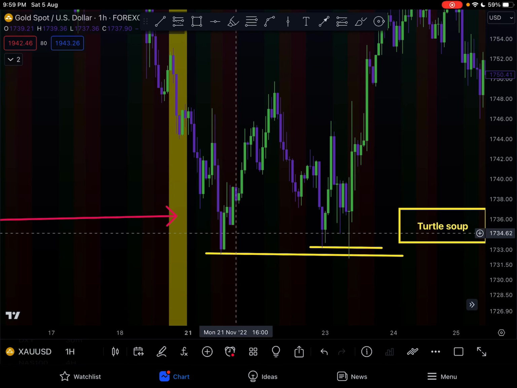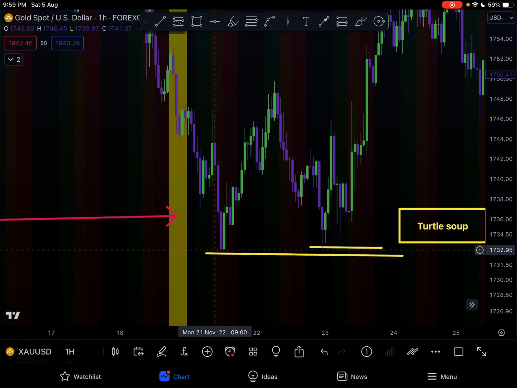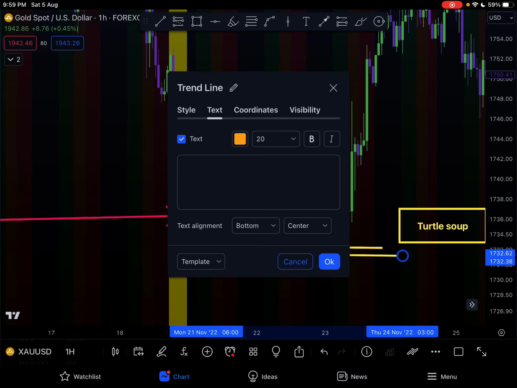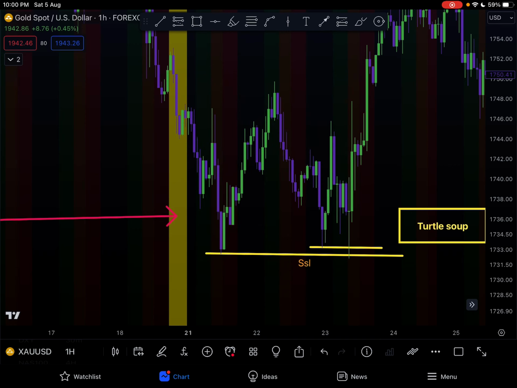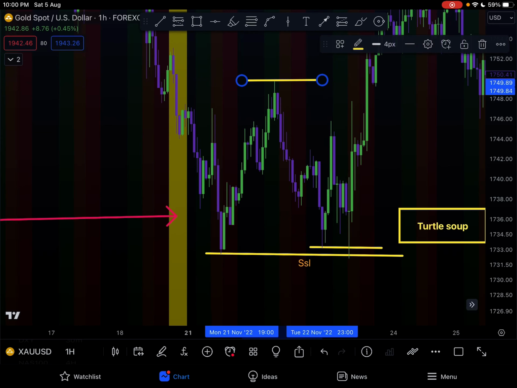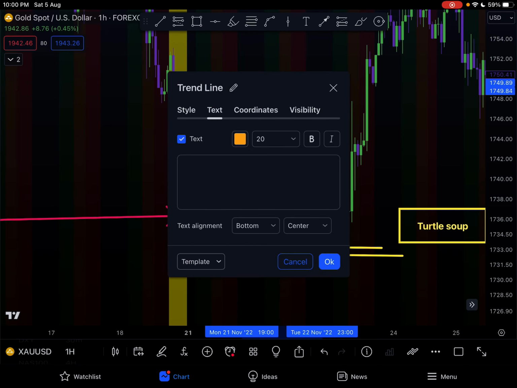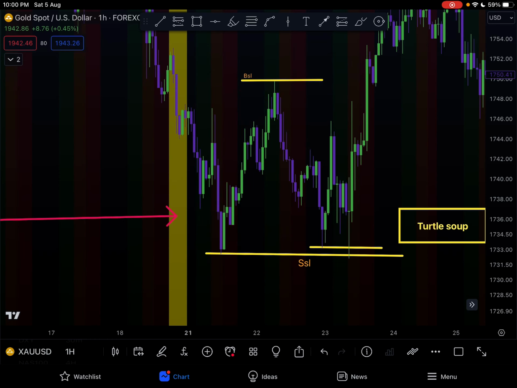Not going to get too specific yet on liquidity. I'm just giving you a good small introduction to it. You're going to have sell side liquidity, okay? So when you see me mark certain stuff, SSL is going to be sell side liquidity. BSL is going to be, okay, and I have templates for this stuff. BSL, buy side liquidity, all right?